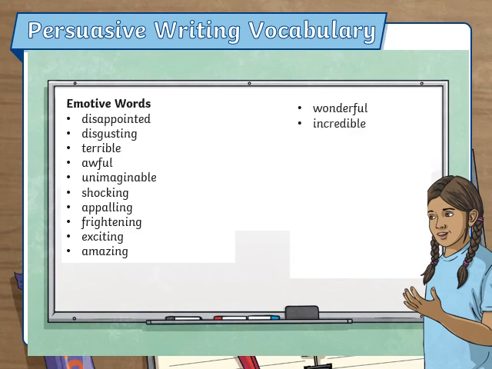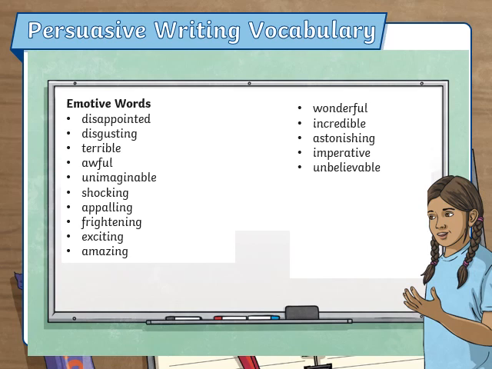For example, if you are going to say, can you leave the poor cats abandoned in the dangerous streets? Emotive language here: abandoned, poor cats, and dangerous streets.